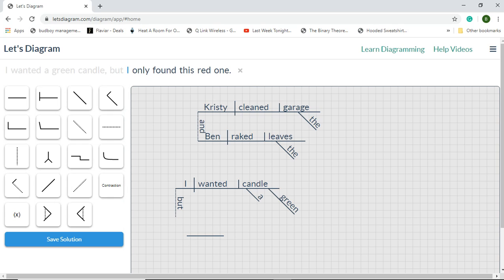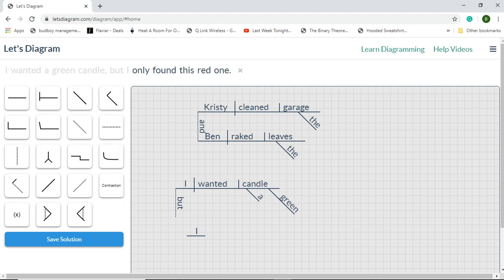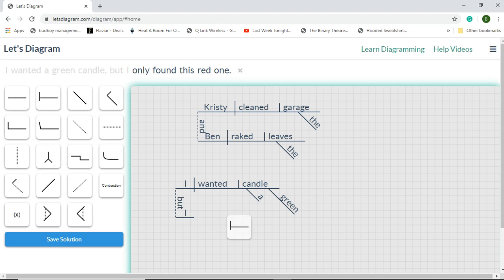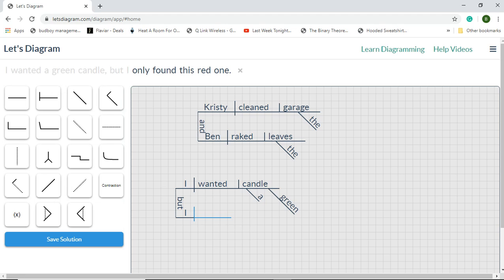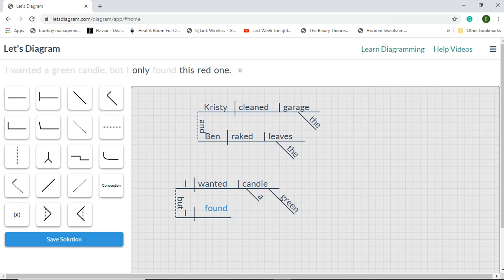Come down here. Again, the pronoun I is the subject. What did he do? He found a candle. Found is the verb. Only is an adverb modifying found.